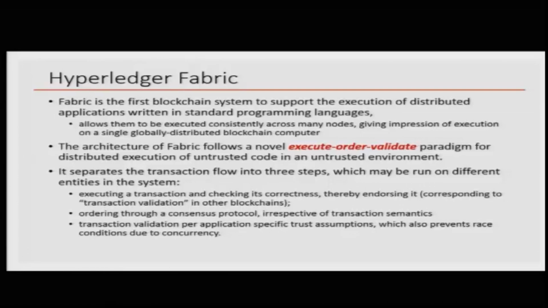So, Hyperledger has many different incarnations. Hyperledger Fabric is one of the most used ones, so we are talking about Hyperledger Fabric. There are other implementations of Hyperledger, but Fabric, done by IBM, is I would say the most canonical implementation. Fabric is the first blockchain system to support execution of distributed applications written in any programming language.